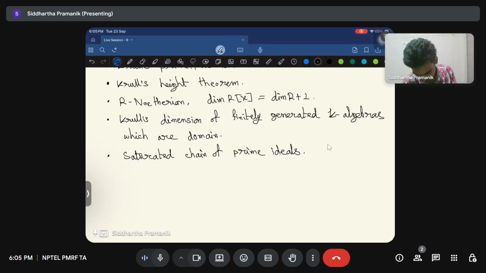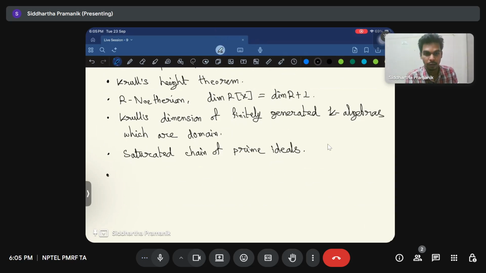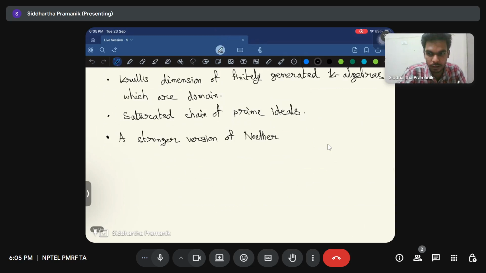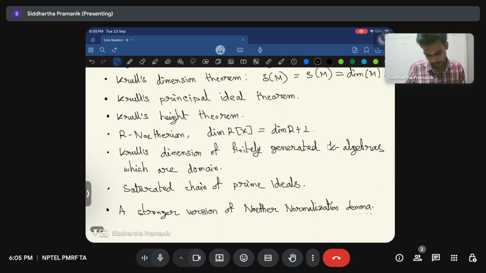To prove that, we have done a stronger version of the Noether normalization lemma. At least we have seen the statement, we have not seen the proof, but we have seen the statement. So these are the rough topics of this week 9.